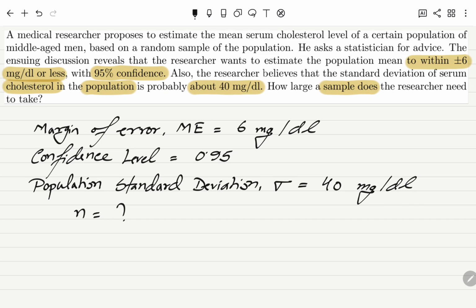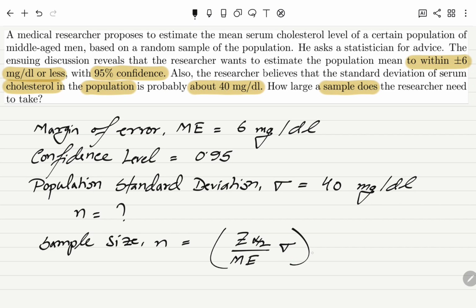Now, to calculate the sample size to estimate the mean, the formula is given by sample size n equals z of alpha over 2 over margin of error, times sigma, all of it squared.